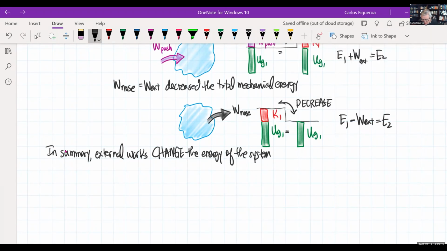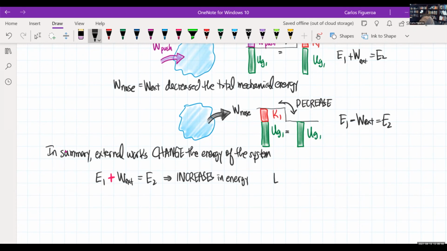And so when we look at this, what I'm really saying here is that if I have energy and I have a positive sign and I'm doing external work, then this implies that this is an increase in energy.